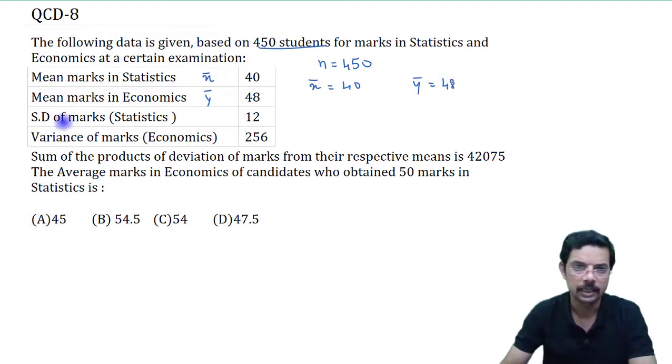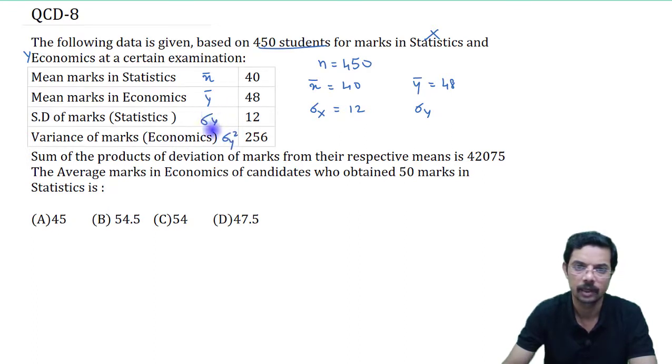Then the standard deviation of statistics. Statistics will be taken as x and economics will be taken as y. Here the standard deviation sigma x is equal to 12. And what is sigma y? Here we have the variance, sigma y square.